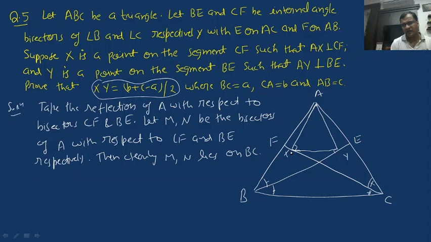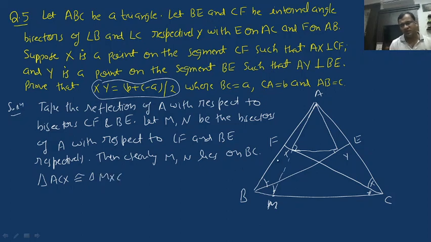Suppose I extend the line segment AX till the point M, where M lies on BC. Here I am not saying that M is the reflection of A with respect to CF. I am saying that I extend AX till the point M where M lies on BC. Then clearly triangle ACX is congruent to triangle MXC.